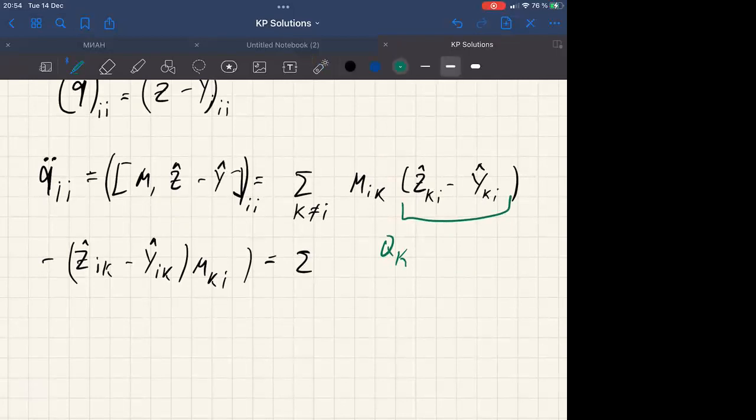This one we could replace with k, y minus y_e, minus half.